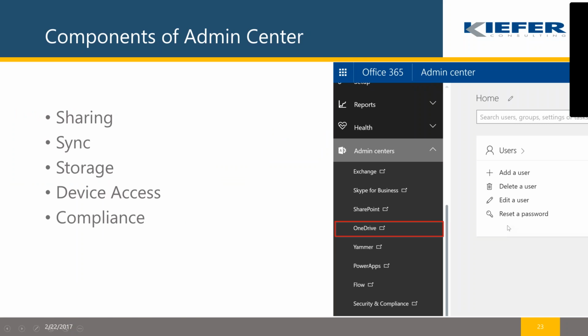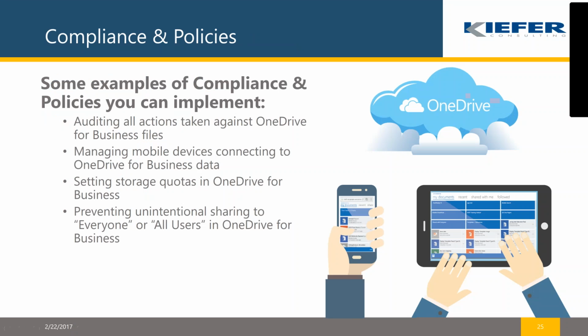Now, here are some examples of compliance policies which we have put together: auditing all the actions taken against OneDrive for Business, managing mobile devices connecting to OneDrive for Business data, setting storage quota on OneDrive for Business, and preventing unintentional sharing with everyone or all users in OneDrive for Business.